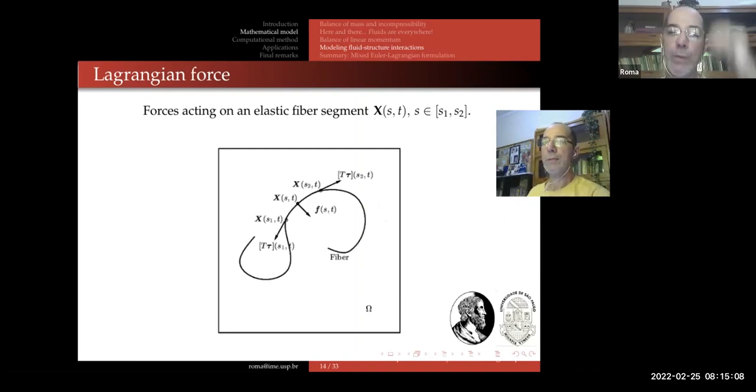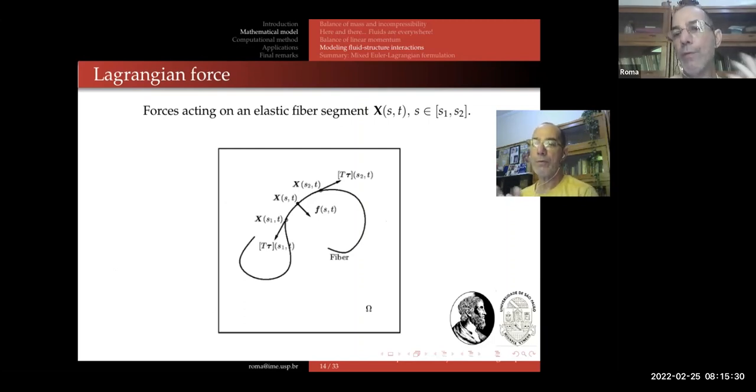So this is how we do that. Consider now just this little segment. So the idea here is that you perform some kind of balance of momentum or equilibrium of forces acting on that segment.